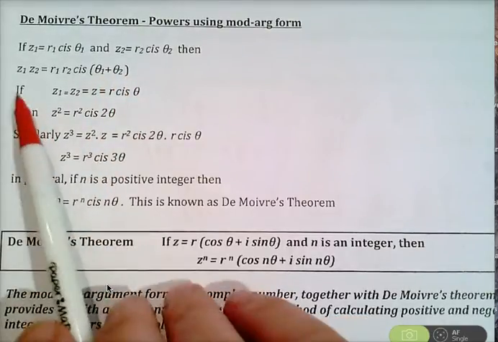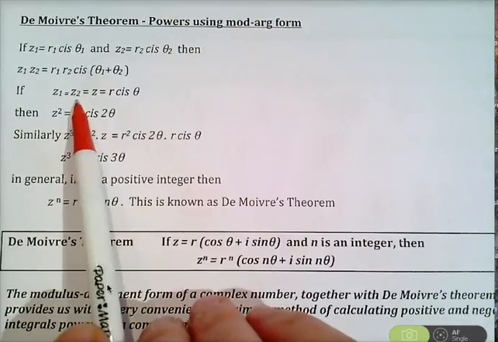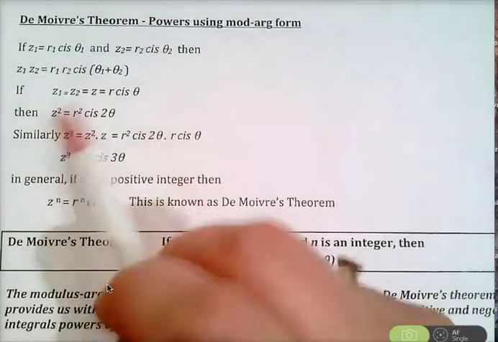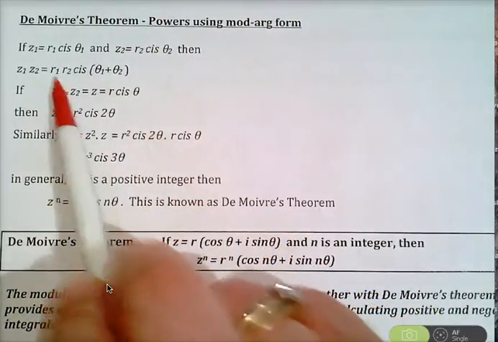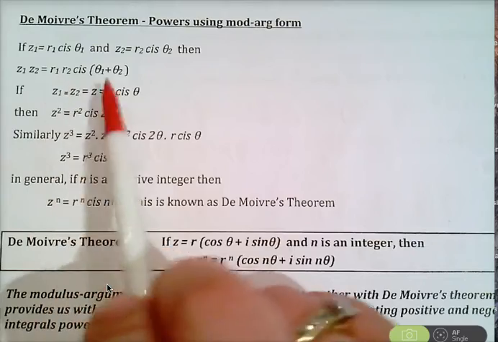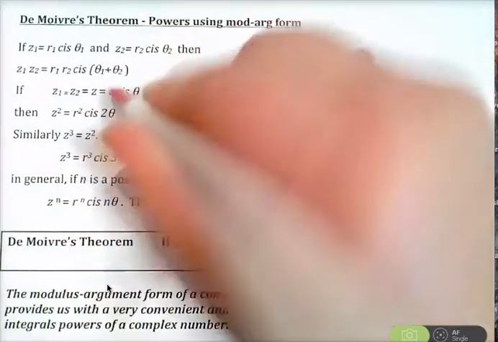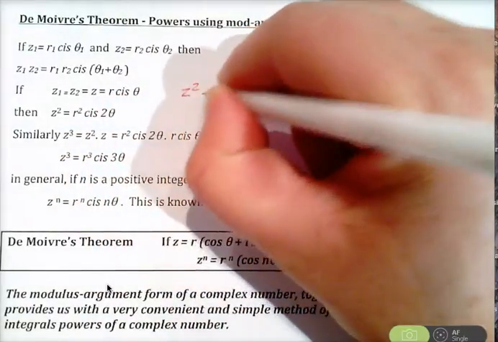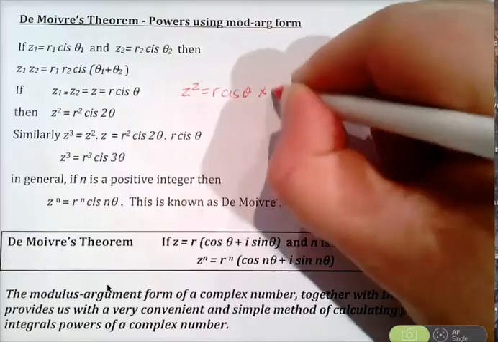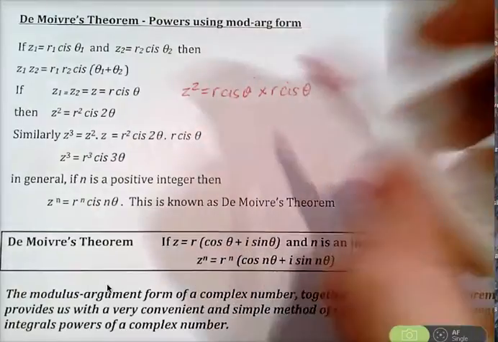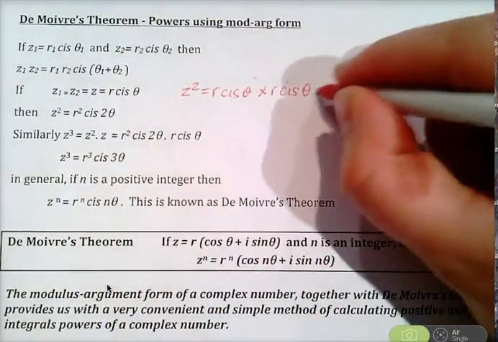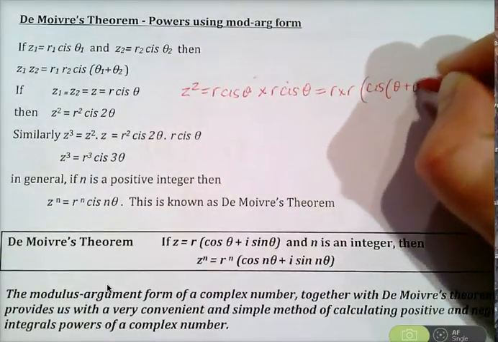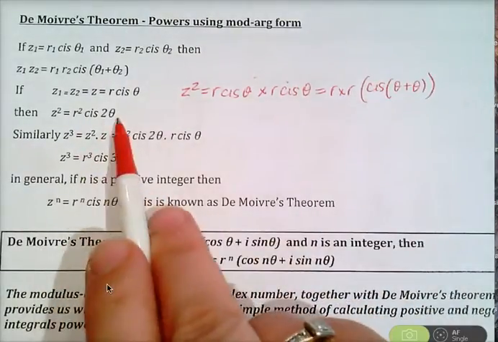Now, if Z1 happens to equal Z2, which is equal to Z, which equals R cis theta, then Z squared would be R cis theta times R cis theta, which is R squared, so that would be R times R, and then we do cis theta plus theta, which is R squared cis 2 theta.